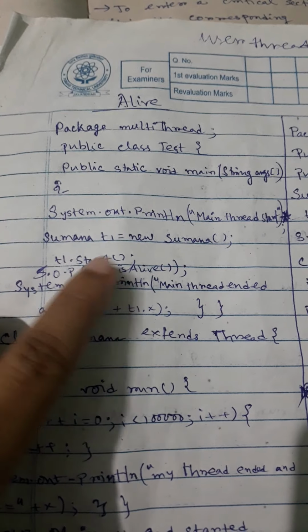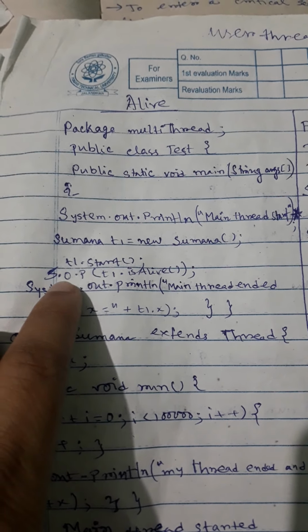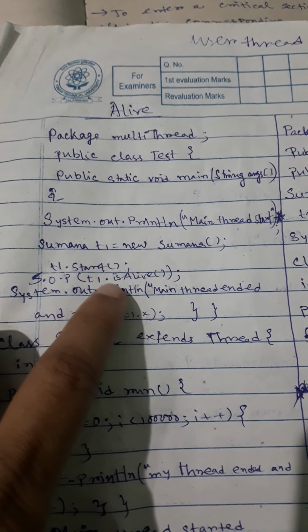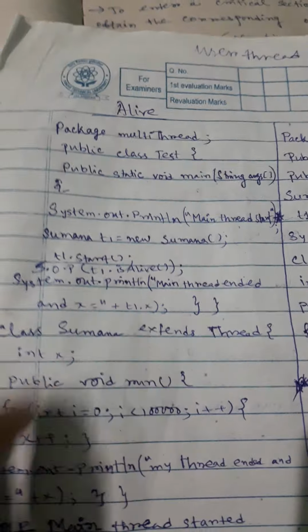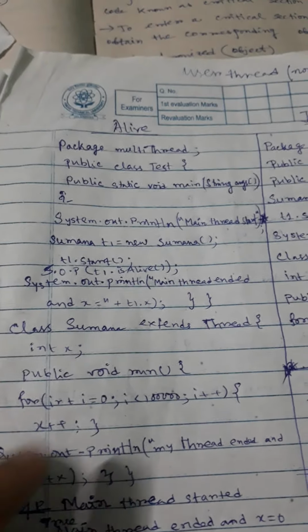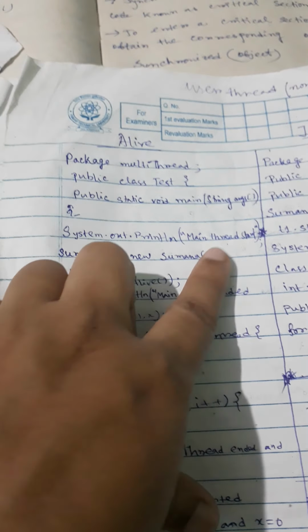Here, t1.start after creating the thread, then printing a statement using t1.isAlive, the output will be true. Actually, System.out.println("main thread started") is written.